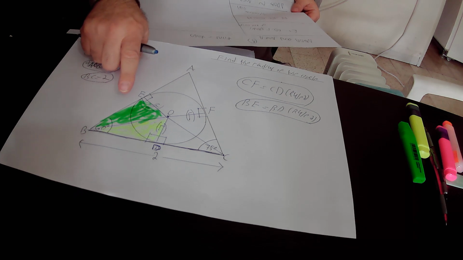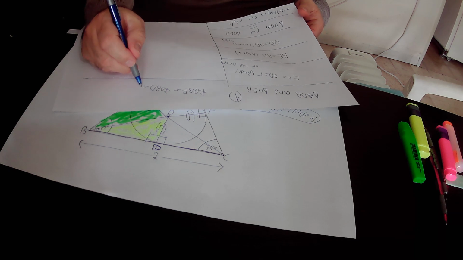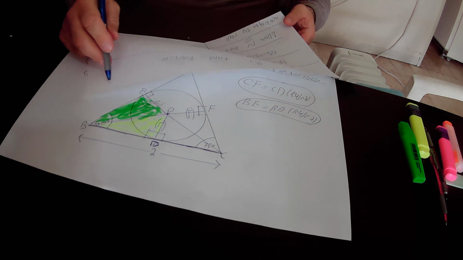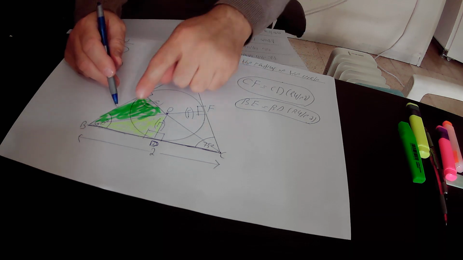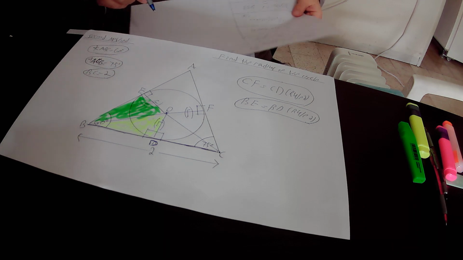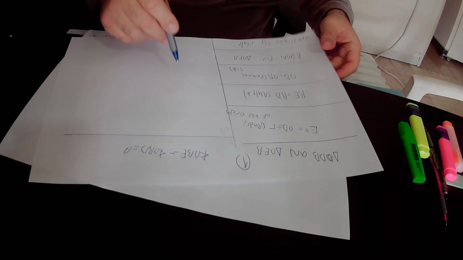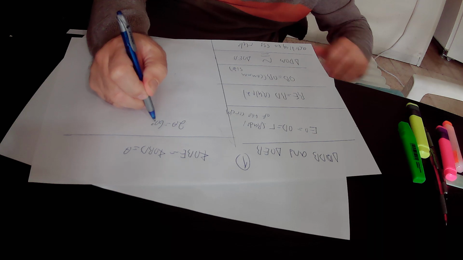So if we define one of those two angles as theta, then the other angle must be also equal to theta because they are equal to each other. So theta plus theta in total equals 60 degrees according to what is given in the question. So 2 theta equals 60 degrees.